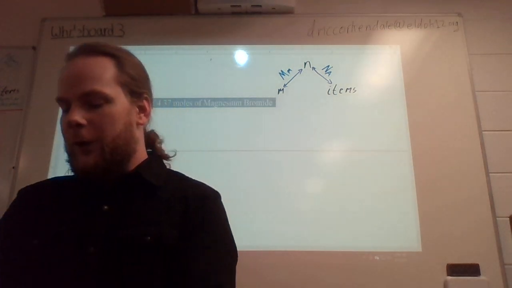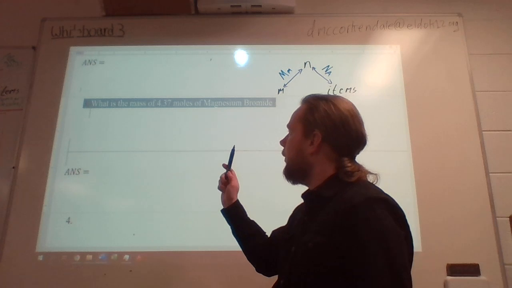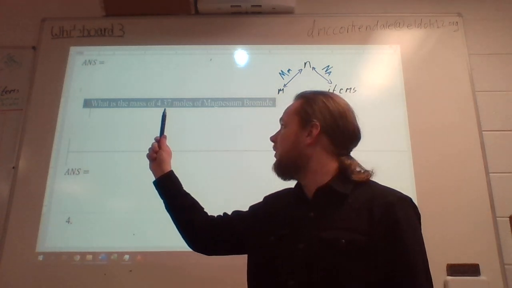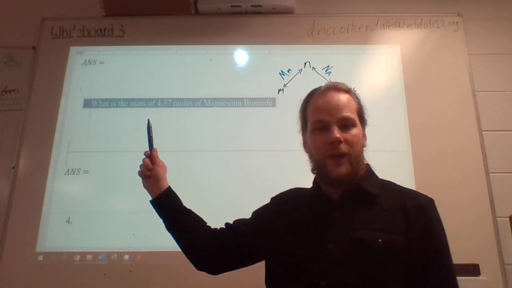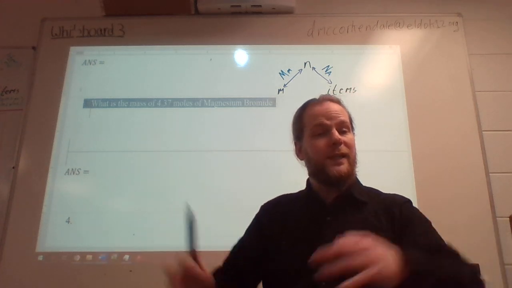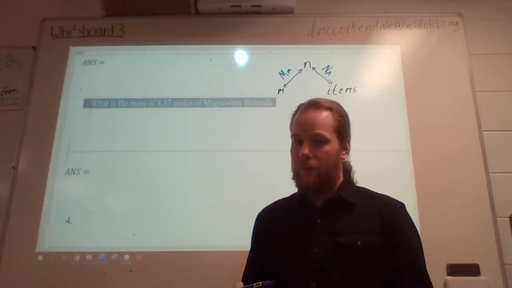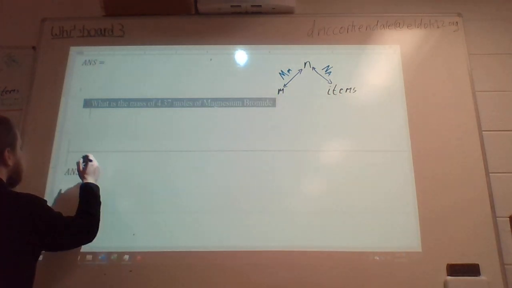For this one, we are given the number of moles, so 4.37 moles of magnesium bromide. This is going to be our known. But we need to figure out the formula for magnesium bromide.